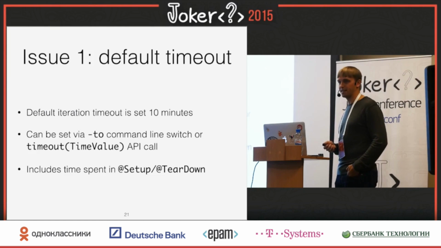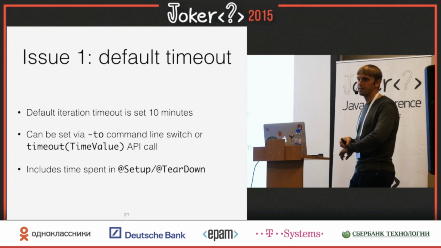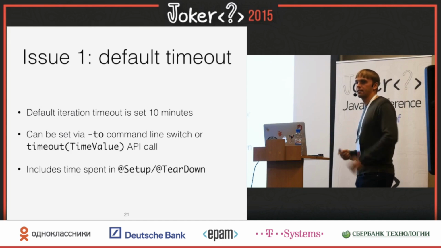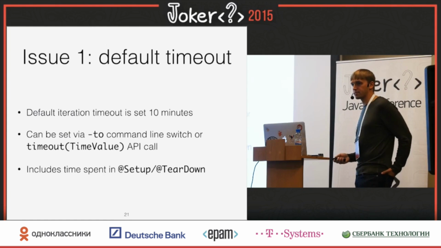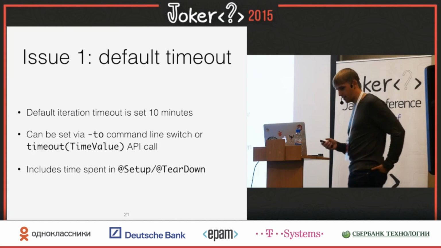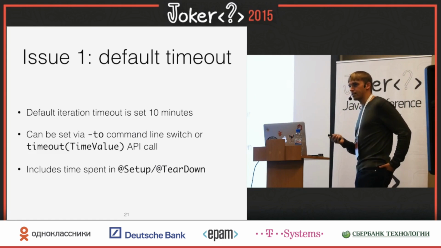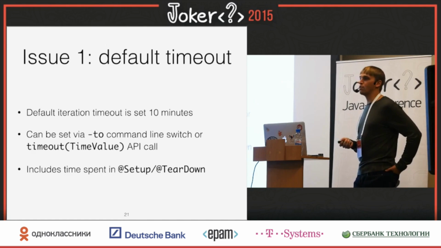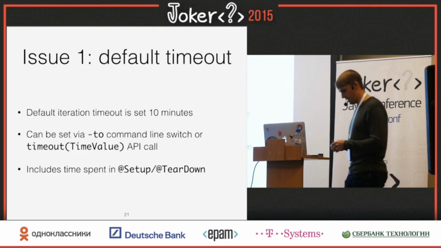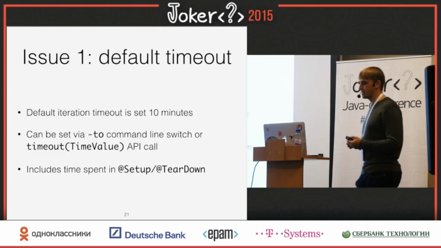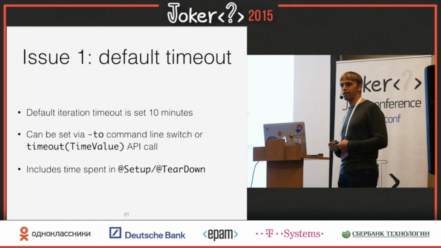Next one. Have you tried to use normal Java profilers, not a microbenchmarking harness, to do the same thing? I guess it would be easier because you don't need to write any special code. Well, the thing is, yes and no. First of all, profilers lie.